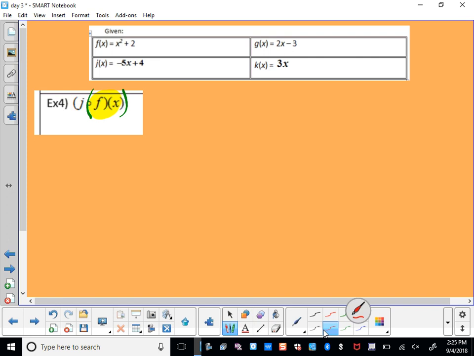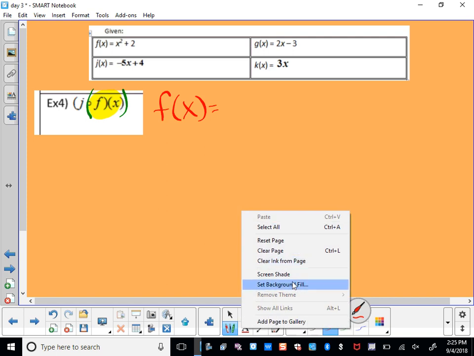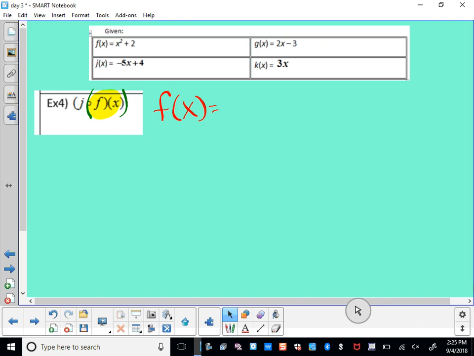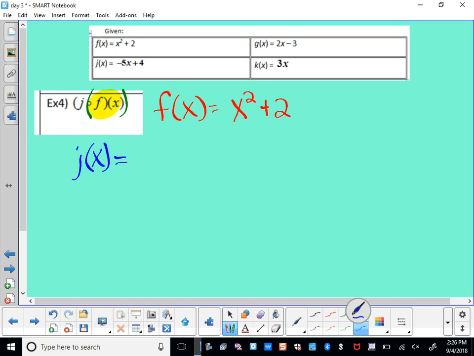So we have f of x equals x squared plus 2. Isaac, what's on the outside? The outside is j of x, which is negative 5x plus 4.